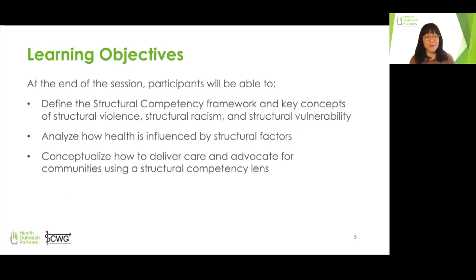So we've set forth these learning objectives for the session, and we're hoping at the end you all as participants will first of all be able to define the structural competency framework and these key concepts around structural violence, structural racism, and structural vulnerability.